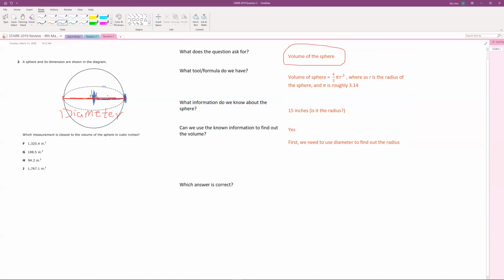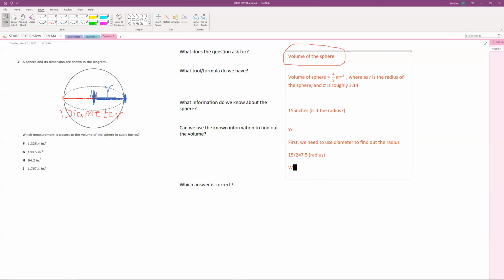So radius is half of the diameter. If we know the diameter, we divide it by 2. So 15 divided by 2 is 7.5. This is the radius.